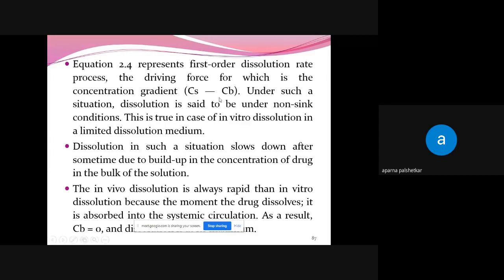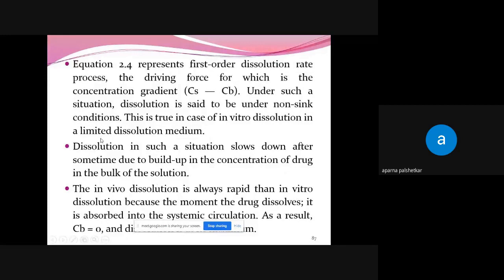So dissolution in such conditions will come down, because the concentration of the drug has saturated the bulk solution and no more drug will go into it, so the dissolution will actually stop.